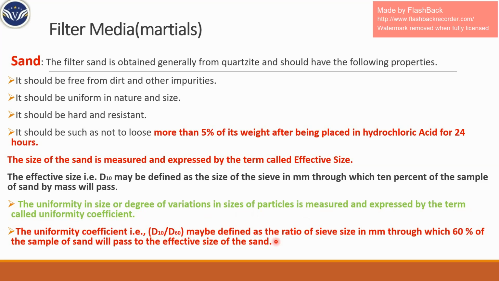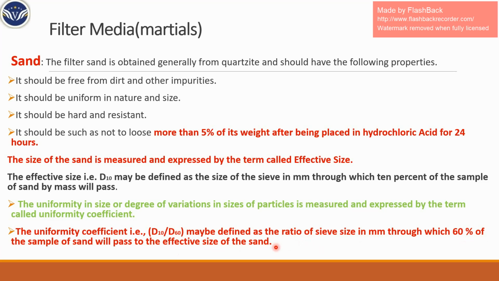It may be defined as the ratio of the sieve size in mm through which 60% of the sample, that is D60, will pass, to the effective size of the sand. That is what we mean by uniformity coefficient.